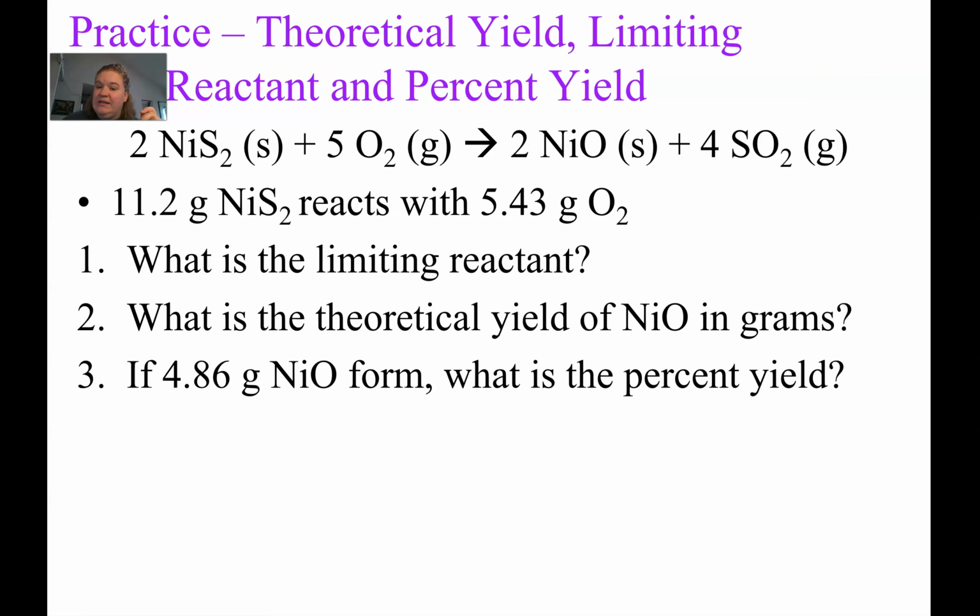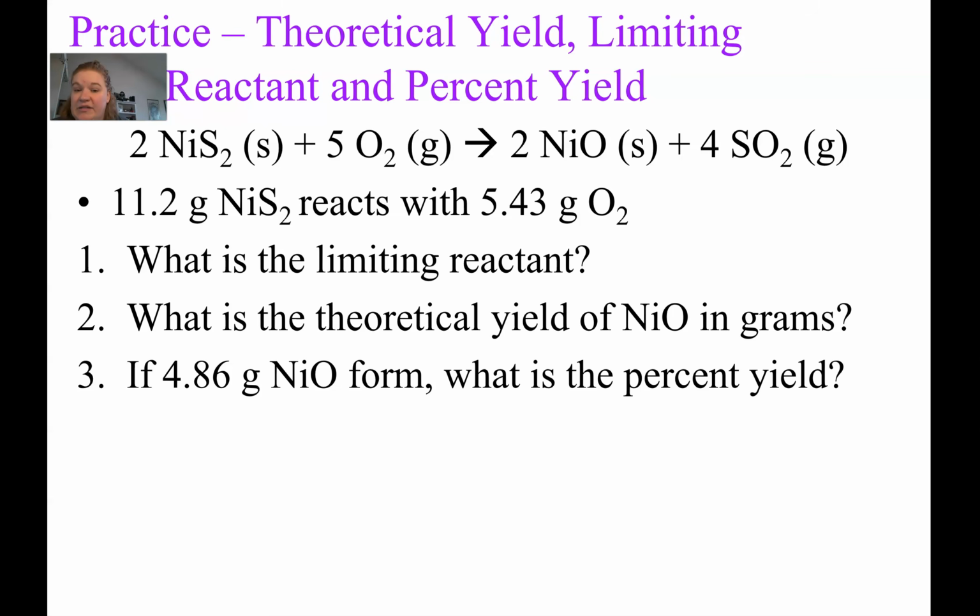We're going to react 11.2 grams of nickel sulfide with 5.43 grams of oxygen, and we have 3 questions to answer. What is the limiting reactant? What is the theoretical yield of nickel oxide in grams? And our third question, if 4.86 grams of nickel oxide form, what is the percent yield?